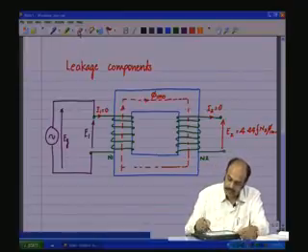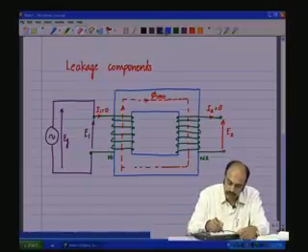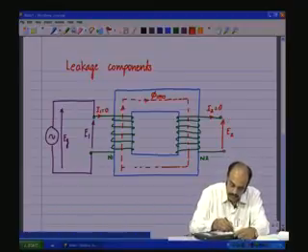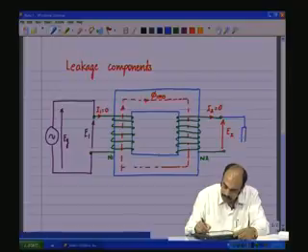So, first let us introduce a load. So, let me now introduce a load on the secondary side.